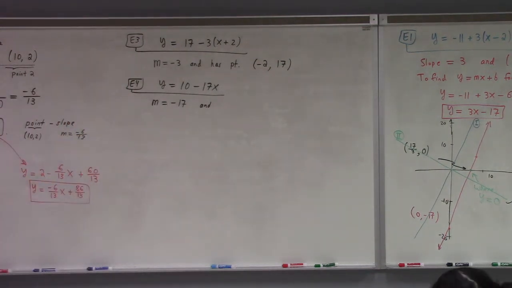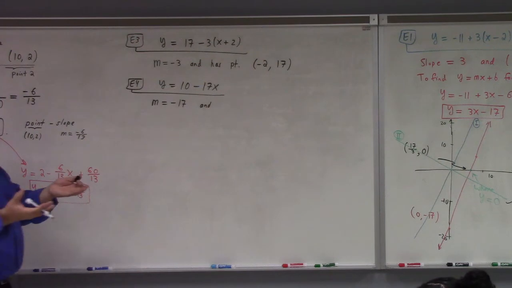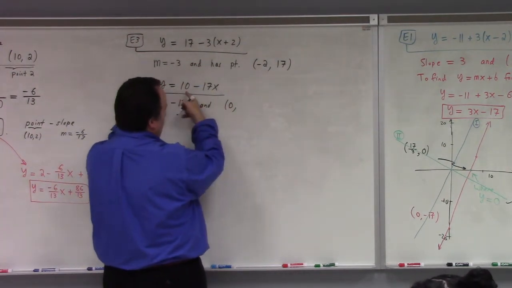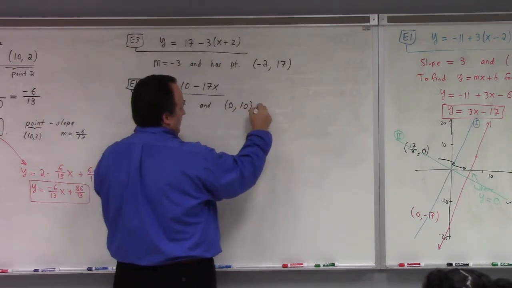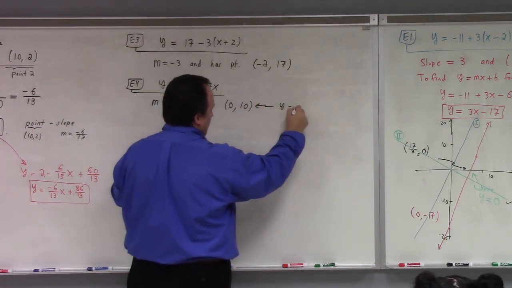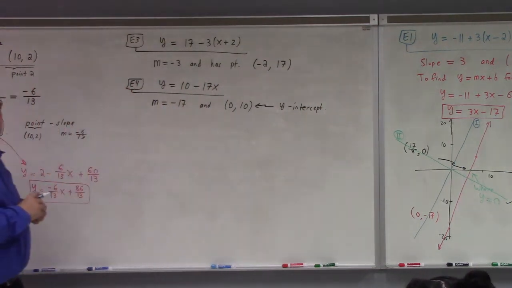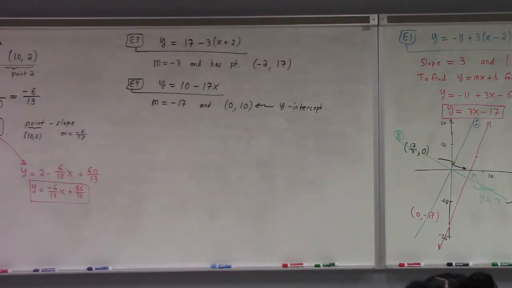I can tell you that when x is equal to 0, y is equal to 10. And of course, this is a special point. This is the y-intercept. I'm not saying anything terribly deep here. I'm just saying stop and smell the roses with the formulas. Think about using ones you haven't used before.